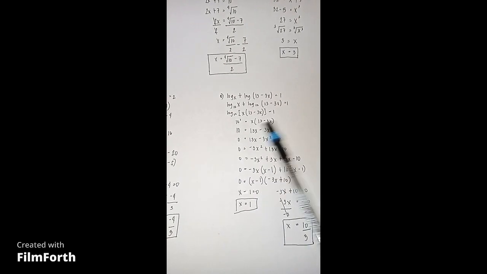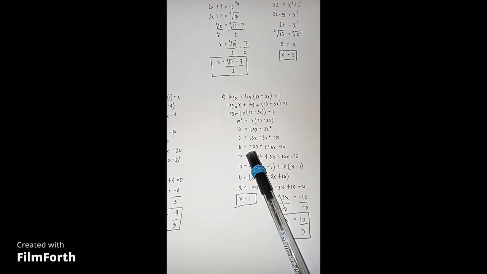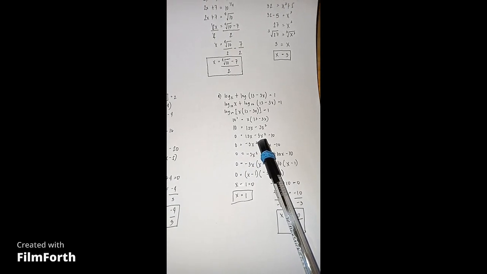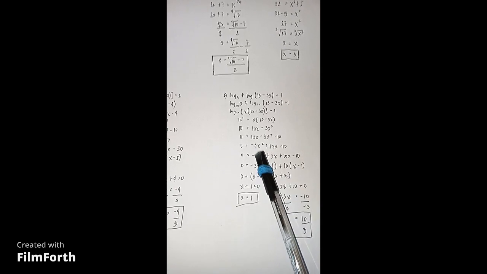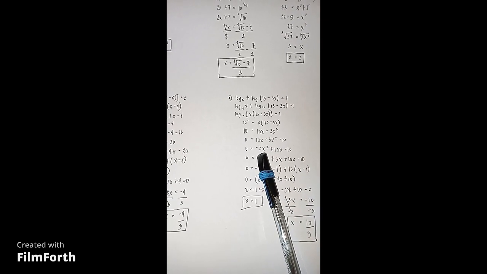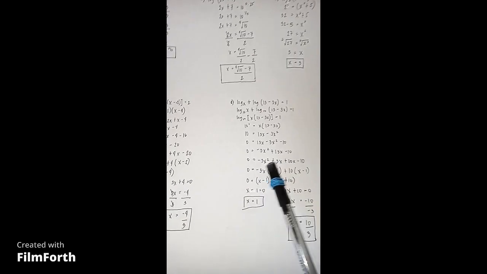So the 10 will be transposed to the left, that will be negative 10. So here we just put it together. So we have here negative 3x squared plus 13x minus 10 equals 0.